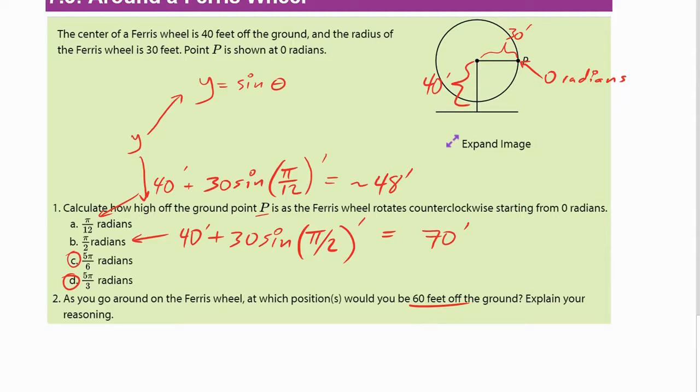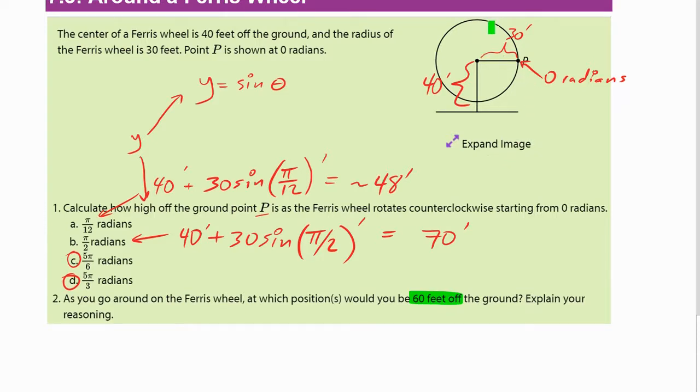We know that we are here at 40. So let me try to get the highlighter going. All right, so 60 feet off the ground. I think there are 2 points, maybe more. Nah, I feel like there's only 2 points. All right, so let's double check. I want to make sure I only give you one, and then you have to find the other.